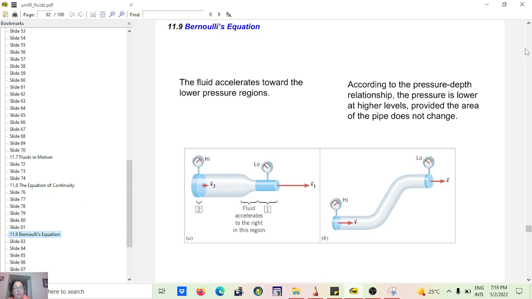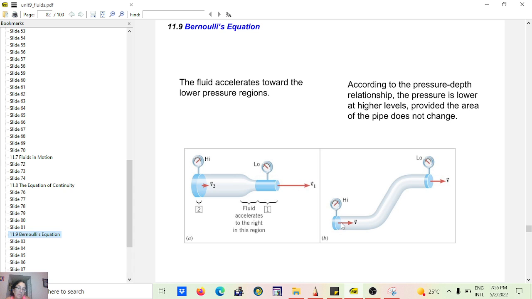So Bernoulli equation. Okay, so what you have to understand is that when we talk about pressure, you could find the pressure with a gauge, right? So when you go from wide to narrow, the pressure inside is going to decrease even though the speed is going to increase.